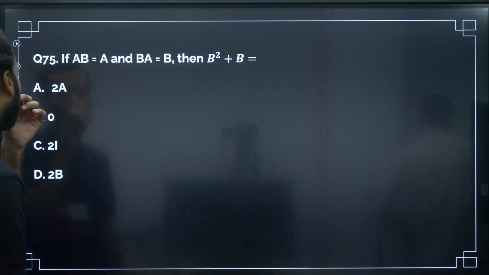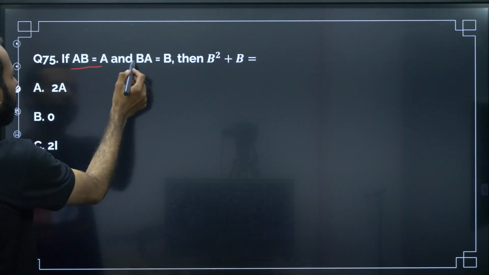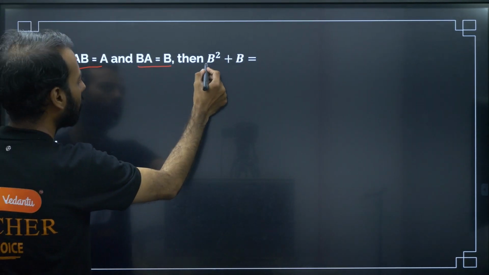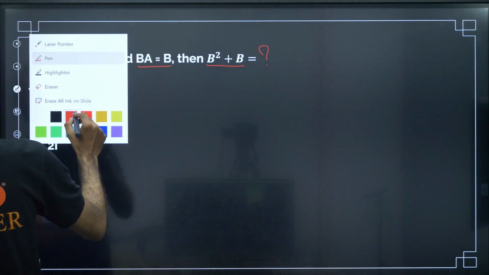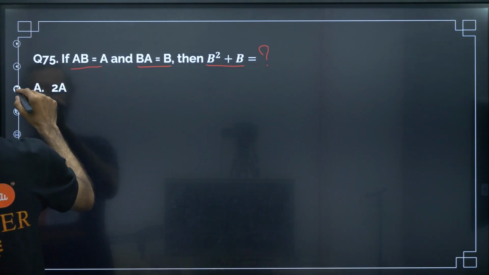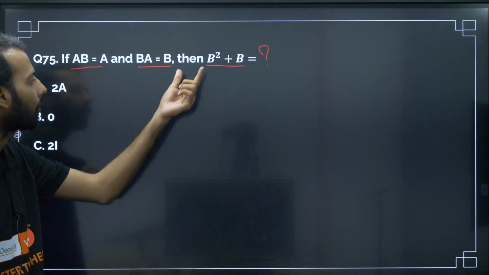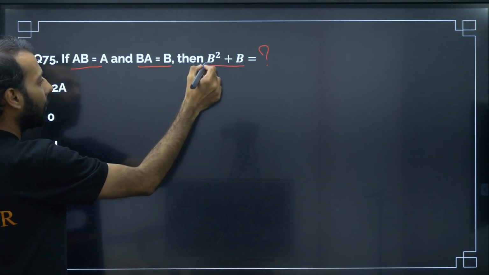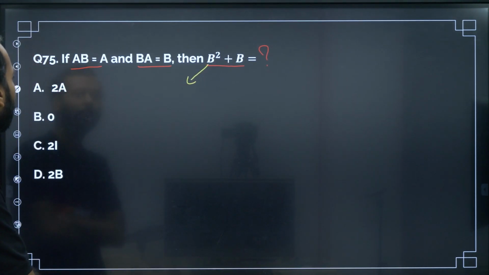If AB is equal to A and BA is equal to B, then what is B square plus B? Some data they have given, and they are asking to find B square plus B. For B square, what can I write?